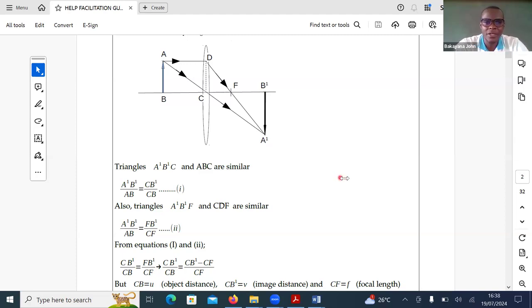Someone is asking why we are not using symbols for the lenses, the arrows, and asks for clarification on why I used another ray diagram to derive the lens formula when the question has one. Yes, I used a different one because in the question, we didn't specify using the ray diagram in part A Roman 1 above.